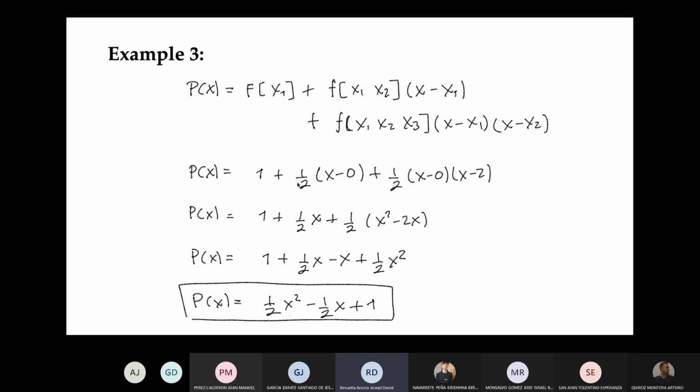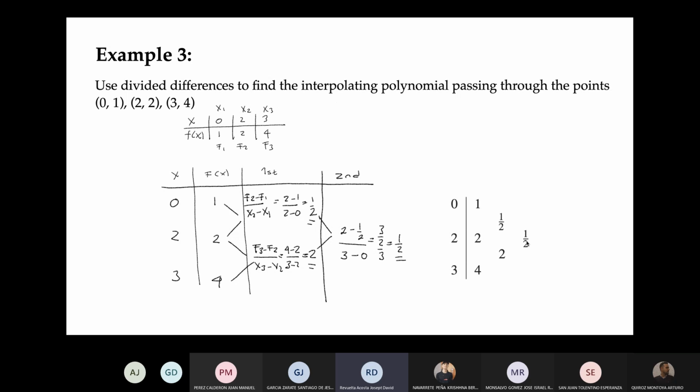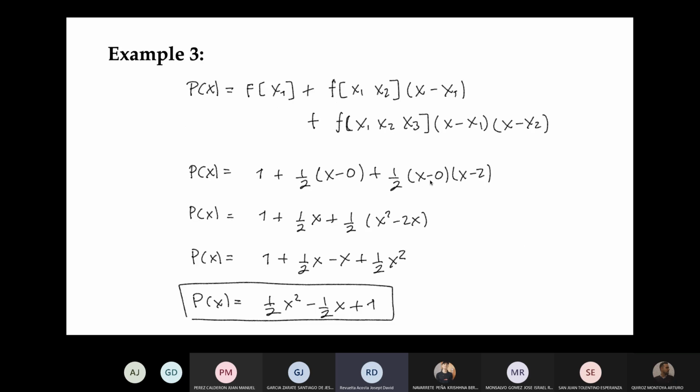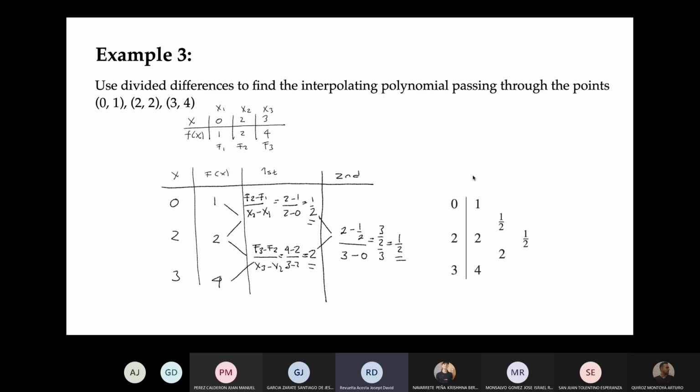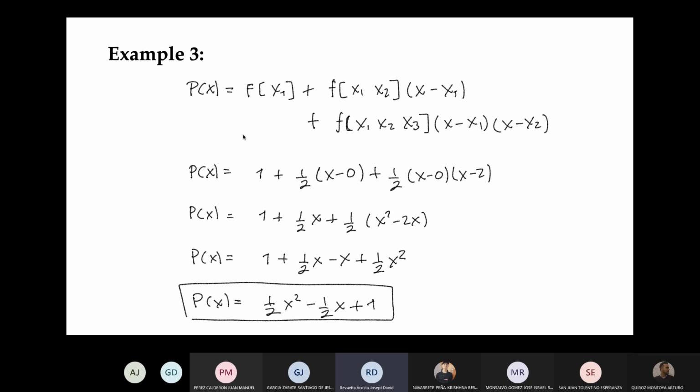X minus x1, 1 half, and then 1 half, which is the third one, and then you have x minus x1, 0, and then x minus x2 is equal to 2 here. And doing the math, this is 1, this one is 1 half. This is equal to x squared minus 2x.